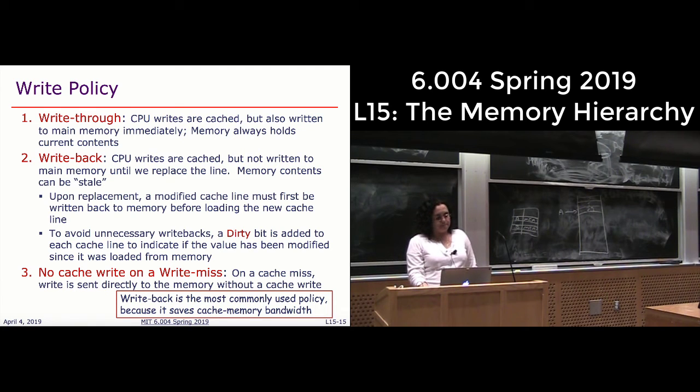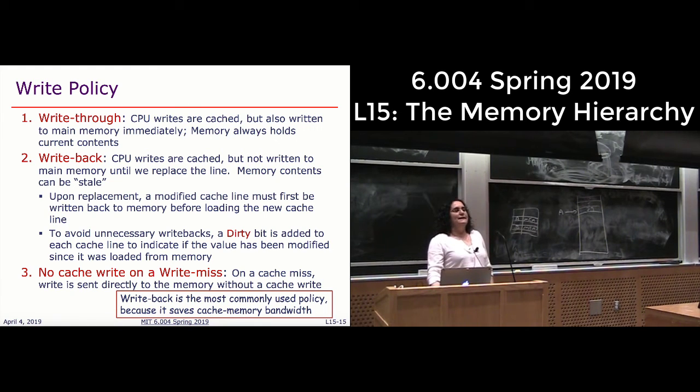And finally, we have a third choice, which is not to write to the cache at all, and only write to main memory, and we call that a no cache write on write miss. As you can imagine, that basically means that it's never going to be brought into the cache.